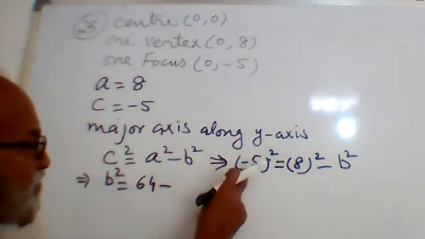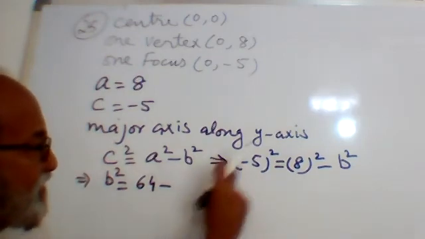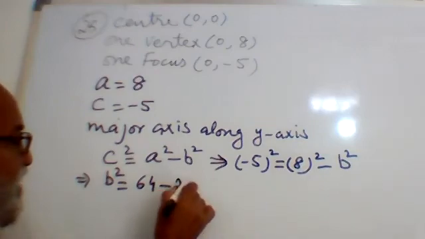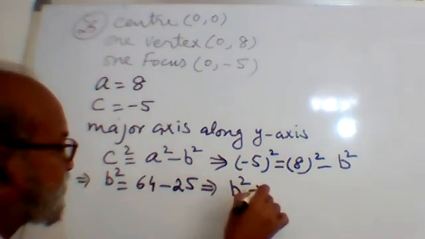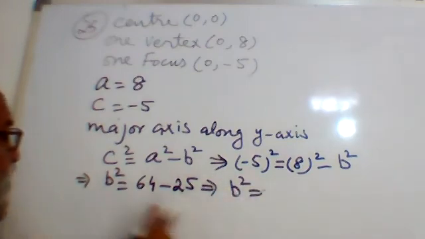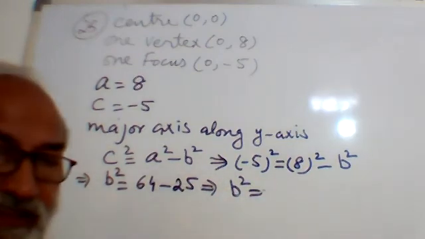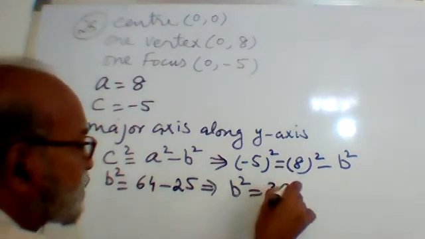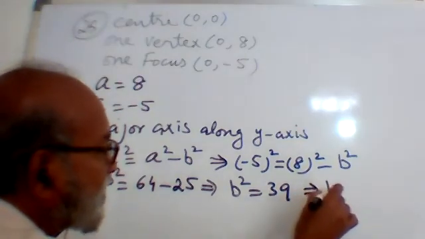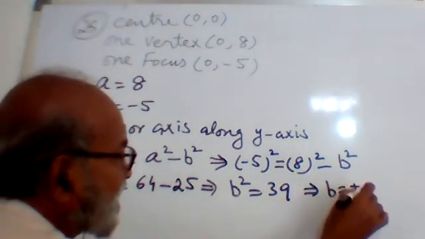Minus 5 square is 25; 25 will be shifted to the other side, minus 25. So B square will become 64 minus 25, 39. And B will become plus minus root 39.